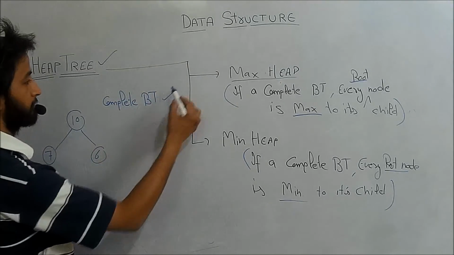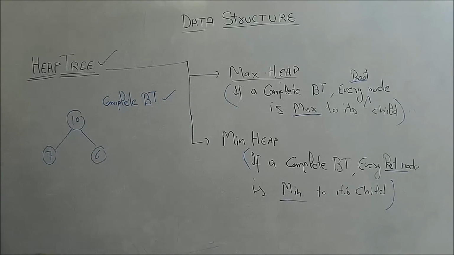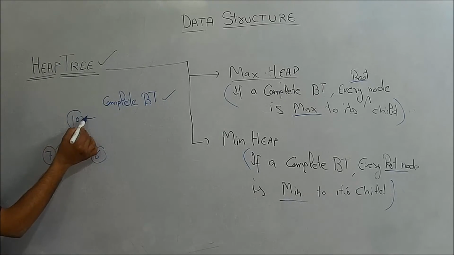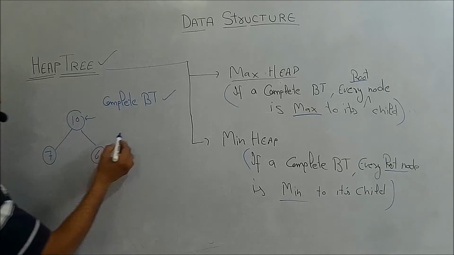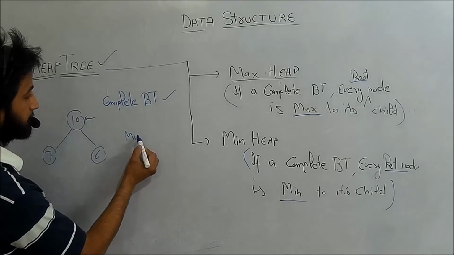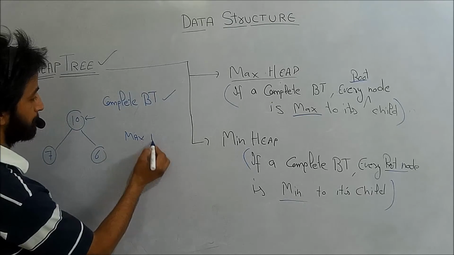Okay, it's okay for the complete binary tree. Then is the tree max heap or min heap? So we can say that the root node, which is this one, is greater than its child, so we can say that the tree is max heap.